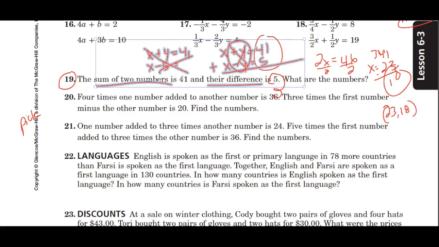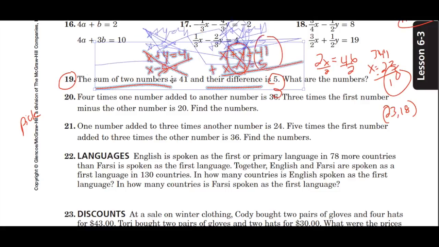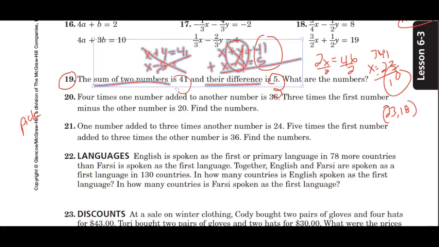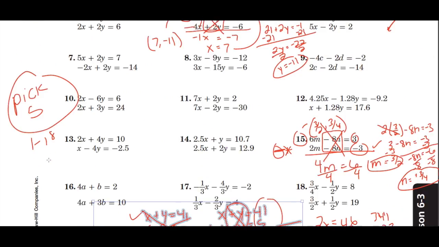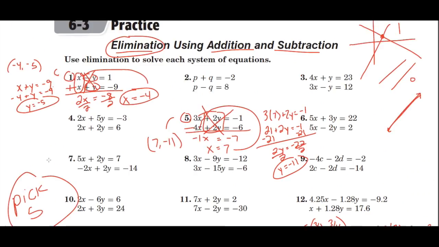And 23 plus 18 is 41. Now, could you have solved that system of equations mentally? Absolutely. But I want you to get in the practice of writing equations and substituting in values and solving systems using this new strategy. So pick one from 20, 21, 22, or 23, and then pick 5 from the top, 1 through 18, not the ones I already did with you.